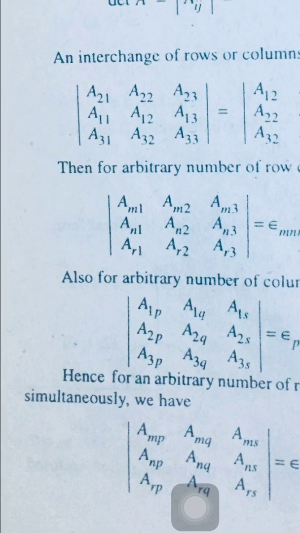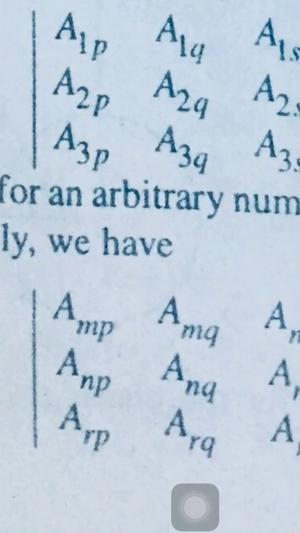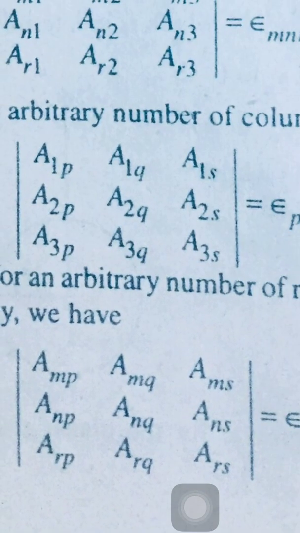Here we have taken an arbitrary number of changes simultaneously in row and column. Earlier we were seeing an arbitrary number of changes either in row or in column. Now in the last phase we are taking an arbitrary number of changes simultaneously in row and column.